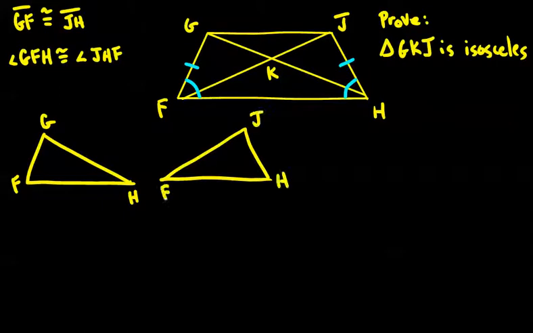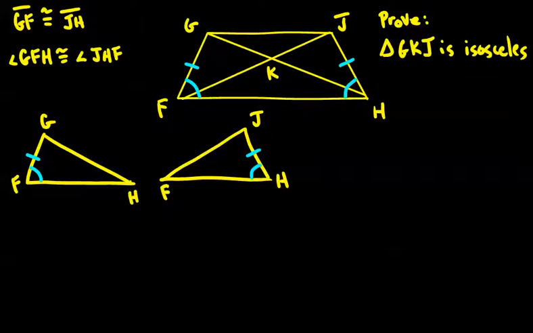JHF. Now, using the information that we've already marked onto the original diagram, we know that segment GF is congruent to segment JH, and we know that angle GFH is congruent to angle JHF.